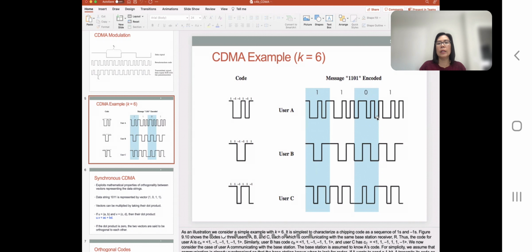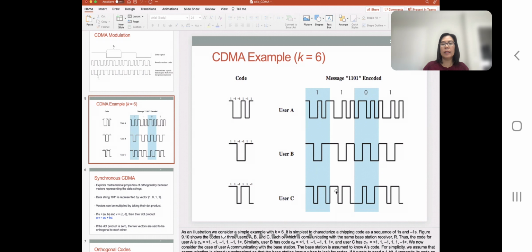So this is another example of CDMA in which we use a multiplication instead of XOR. And so these would be the sequence of bits corresponding to this message, and it will be transmitted over the air. Similarly, for user B, if we use this code, we get this sequence of bits corresponding to the message 1101.